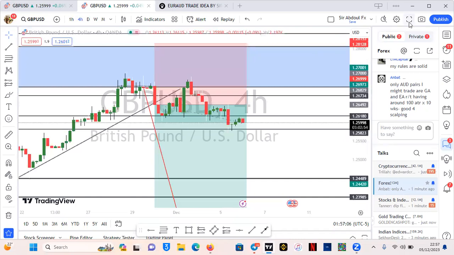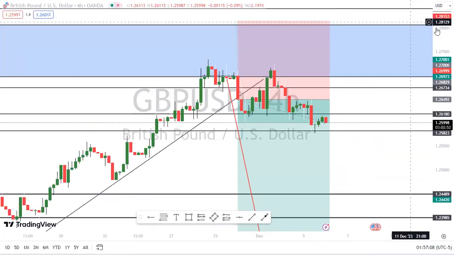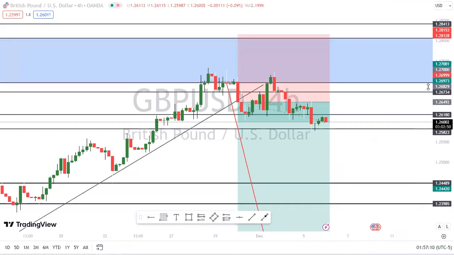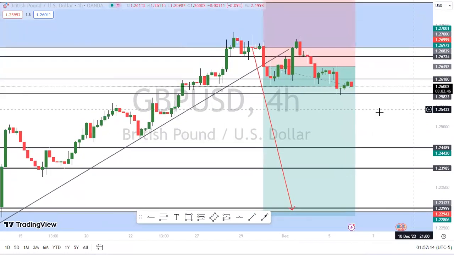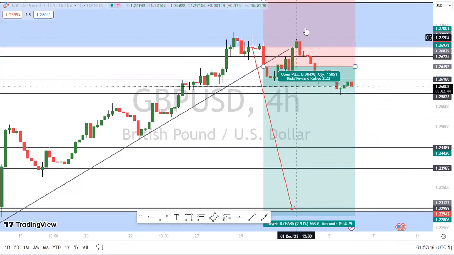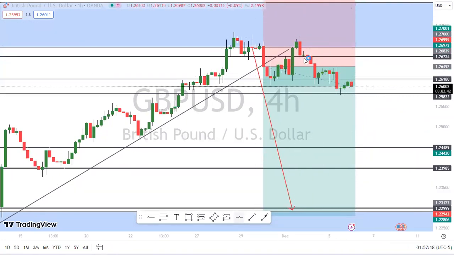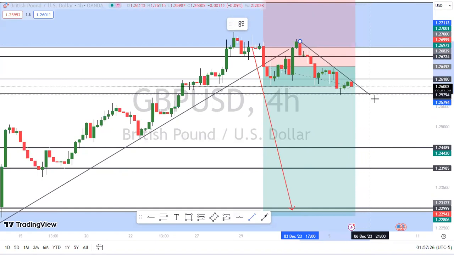Let me open this so that you can see the screen clearly. So this is the downtrend, it's just starting. That's why we do not draw the trend line.